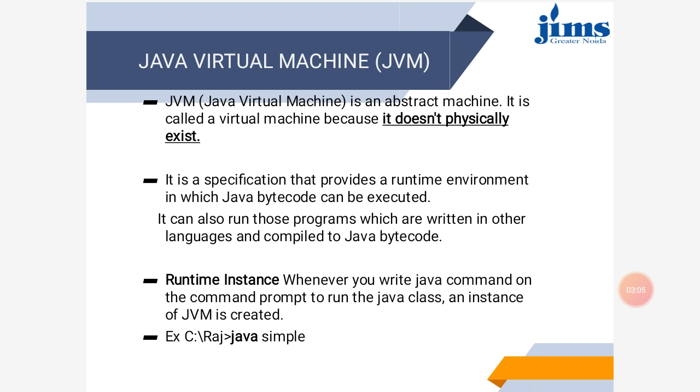In Java, we convert our source code into bytecode, and bytecode is platform independent. And to run bytecode, we require JVM. And JVMs are different for different machines. JVM for Windows is different from JVM for Unix or any other platform.